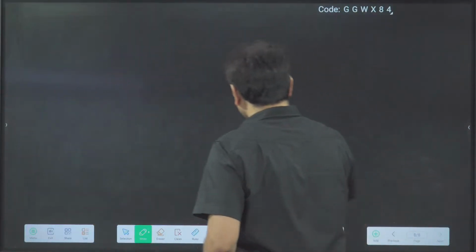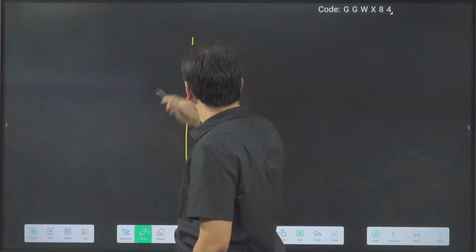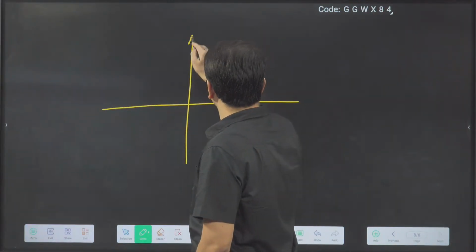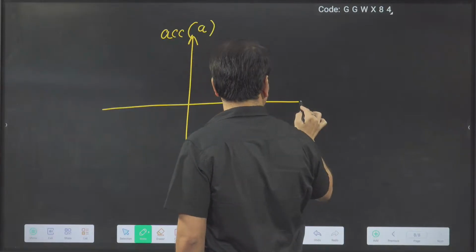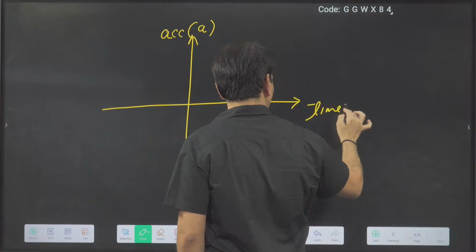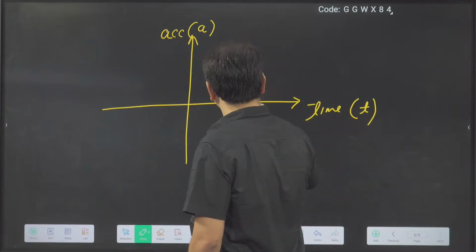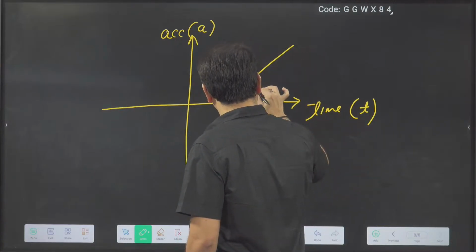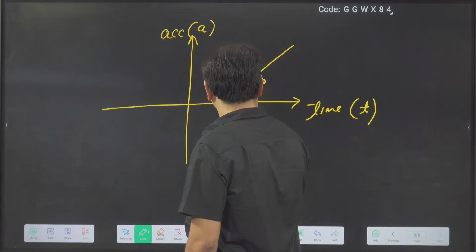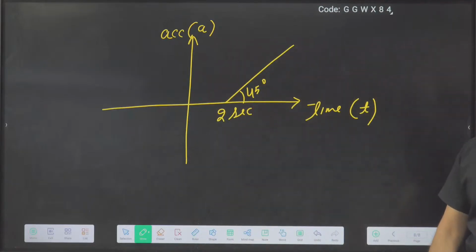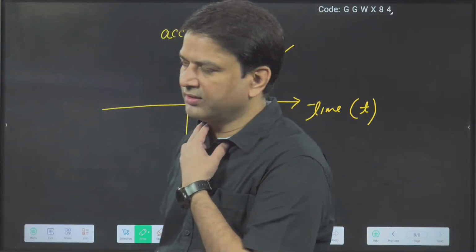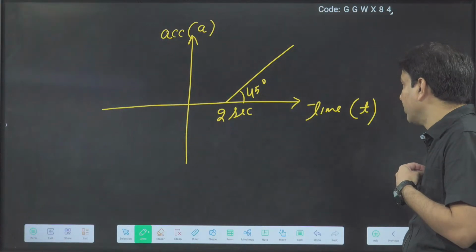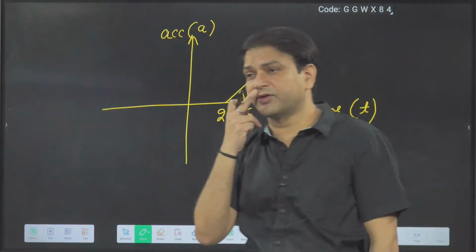Like suppose they have given the acceleration time graph, and the graph is a straight line.